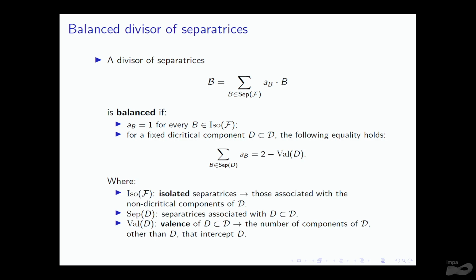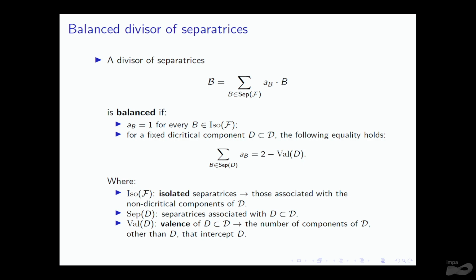Here, an isolated separatrix is a separatrix that, when I do the desingularization, touches a non-dicritical component, touches the invariant part of the divisor. So all isolated separatrices enter in this definition. They appear with coefficient 1.